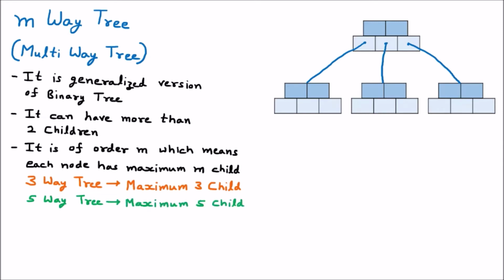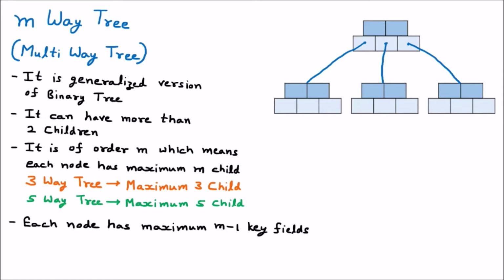There is one more thing in the M-way tree, which is the keys. Just like each node has M children, similarly each node can have a maximum of M minus 1 keys.